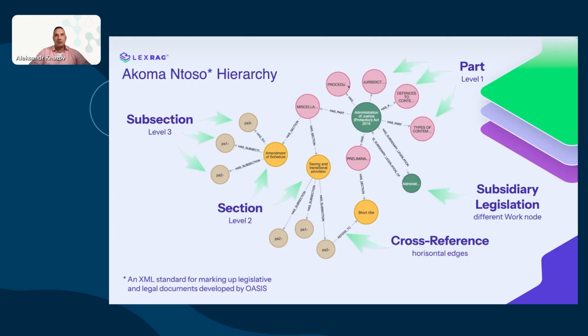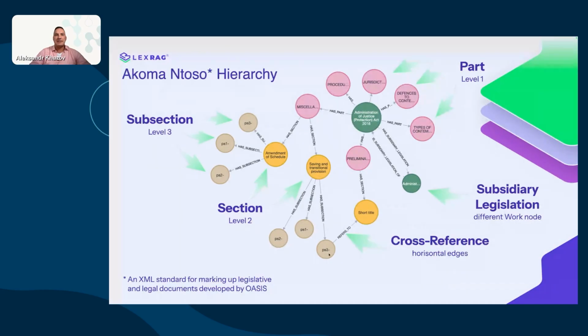Inside the act, you may see parts as a first level, dividing the whole text of the act into bigger parts, and inside each part you may see sections and subsections.